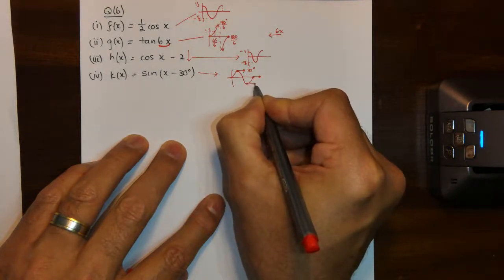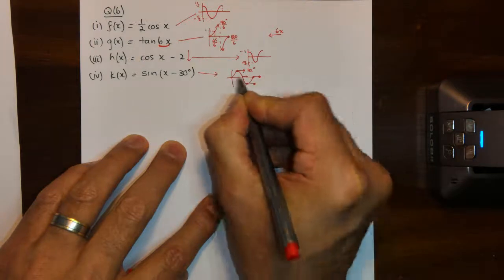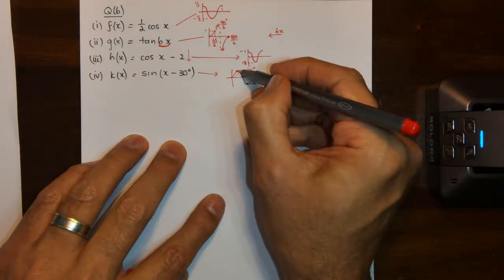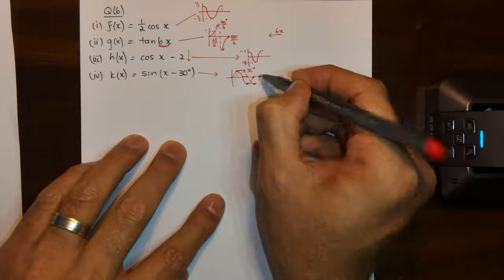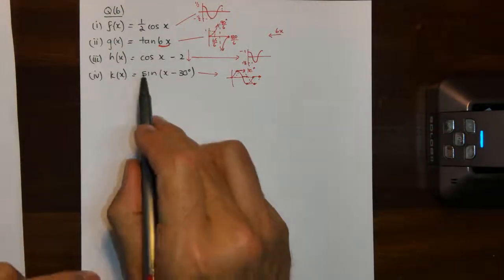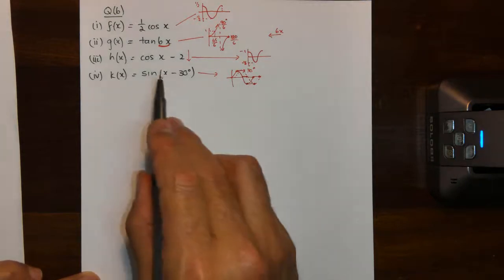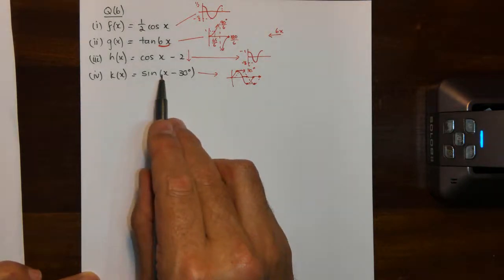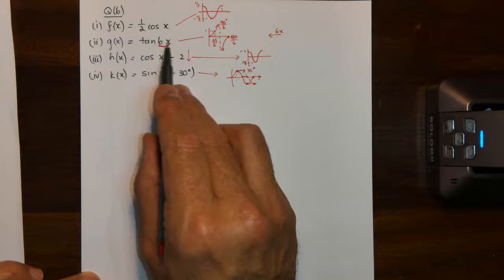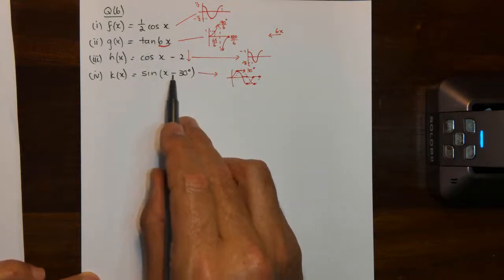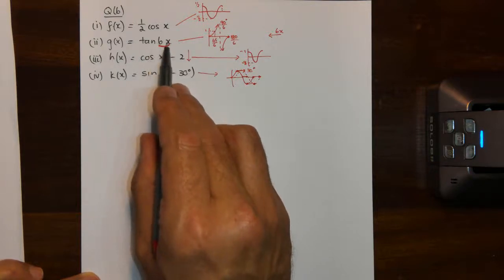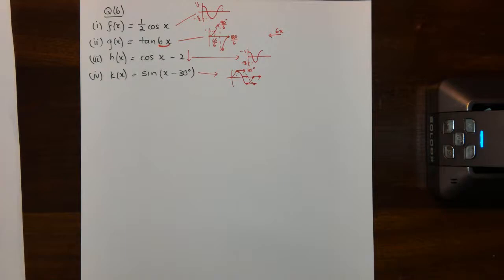Every important point here translates 30 degrees to the right, so the graph will more or less lie over here. The range is unchanged. The period is also unchanged because it wasn't connected to the x directly like the 6x was. Here I am only translating the graph. I'm not stretching or shrinking it like I'm doing in option number 2.